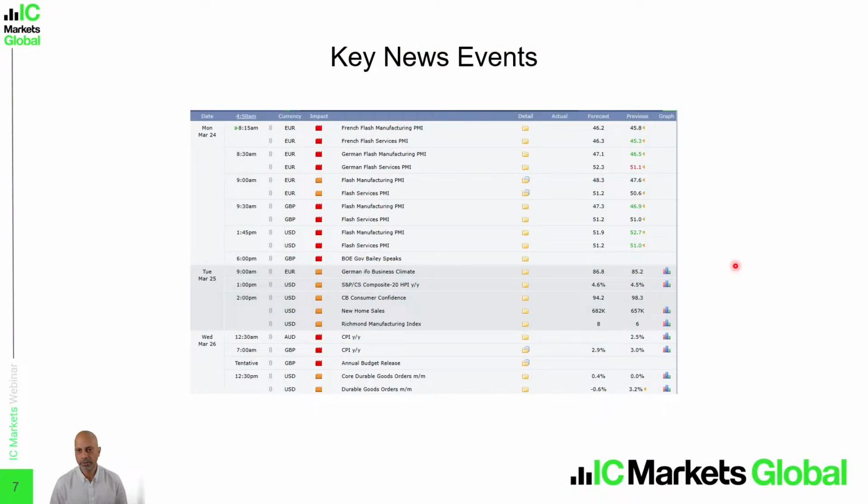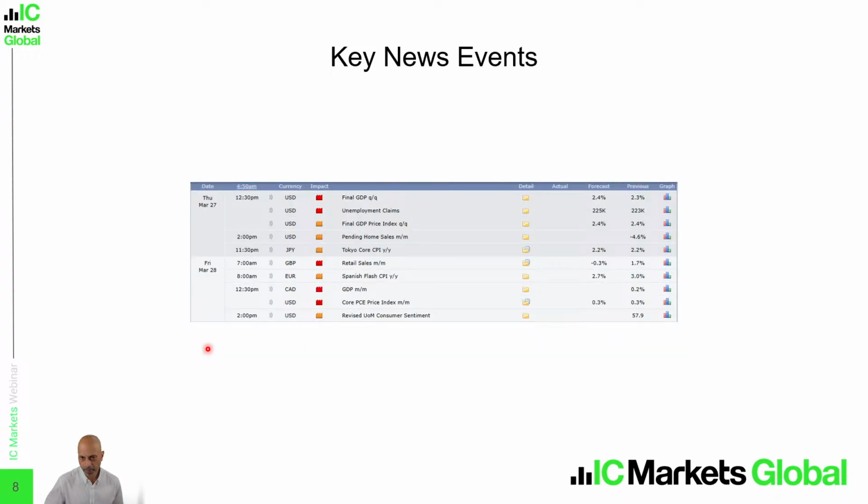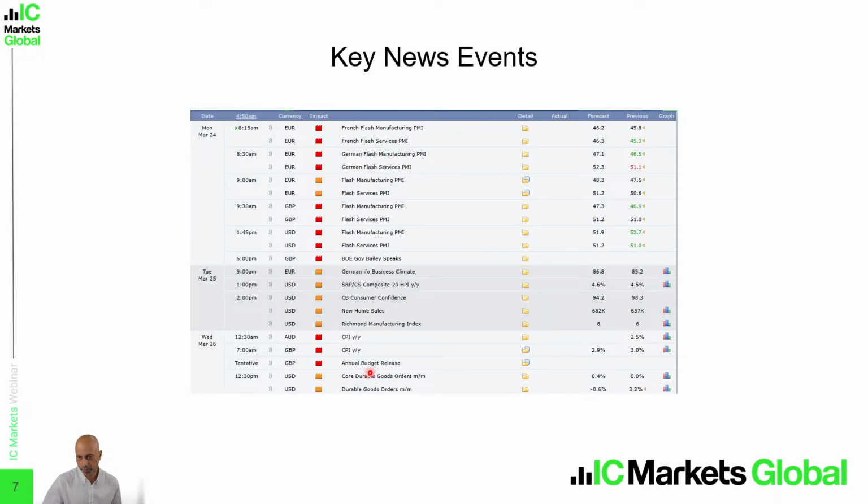Right, so this is the calendar for this week. We've got flash composite PMI reports out today, Monday, 24th of March. We've also got the German Ifo Business Climate Index, as well as the Conference Board Consumer Confidence Survey and new home sales for the US out tomorrow, Tuesday, 25th of March. Inflation data for Australia and the UK drops on Wednesday, 26th, and the UK is also going to release its annual budget, so that's going to be closely watched as well.